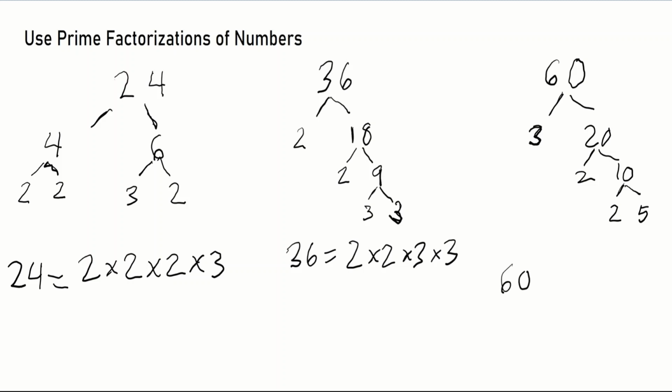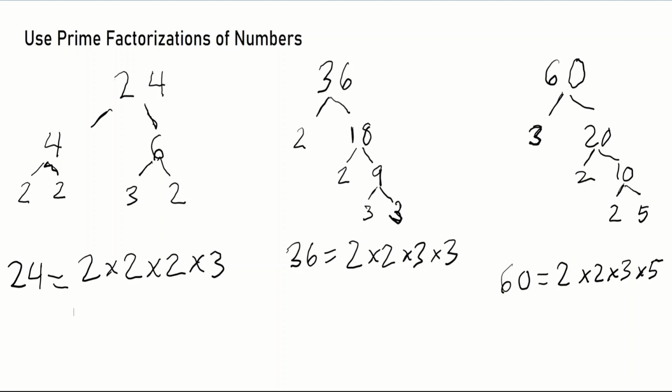And 60 is equal to 2 times 2 times 3 times 5. Keep in mind, because this is multiplication, we can order the numbers in our expression on the right-hand side for each expression in any way we choose, using the commutative property, and we can group them in any way we choose using the associative property.